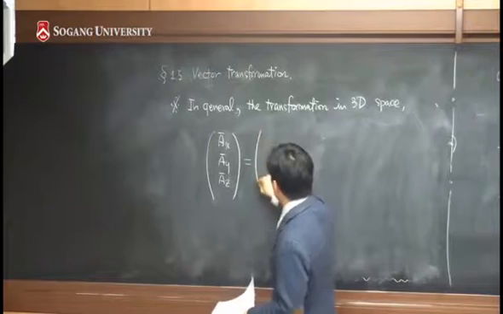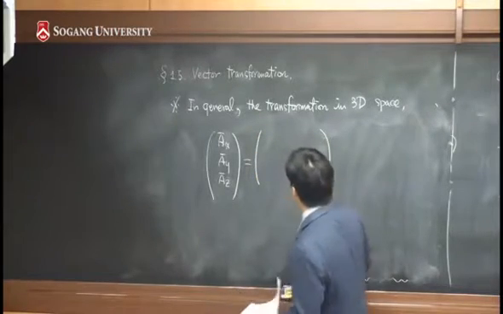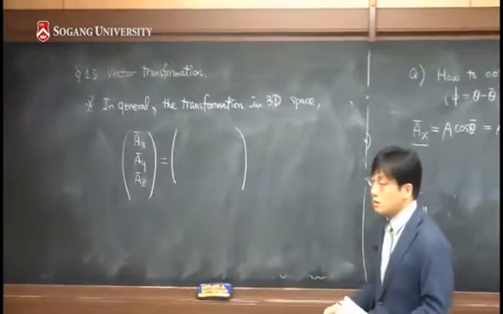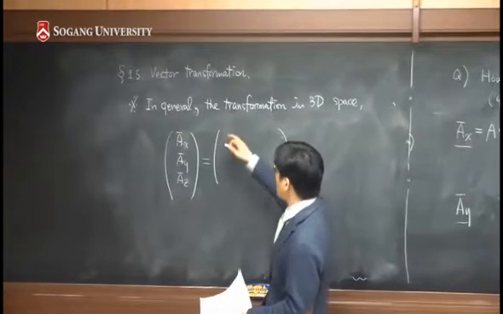In that case, the transformation rule must be given by a matrix whose components are 3 by 3.